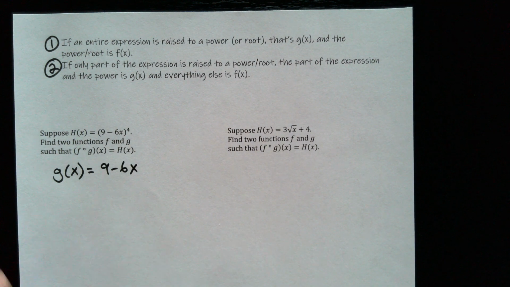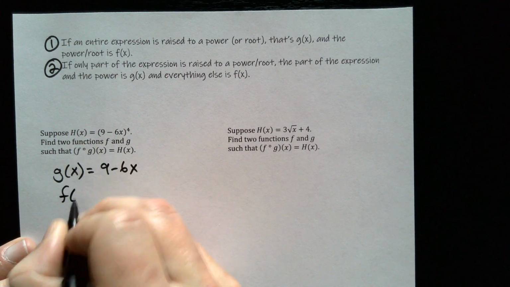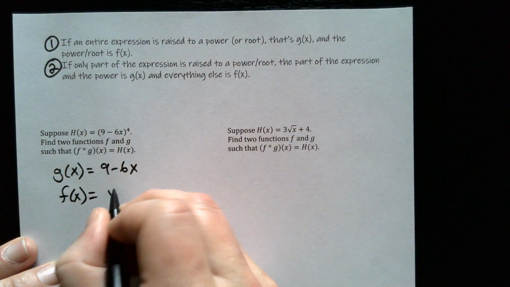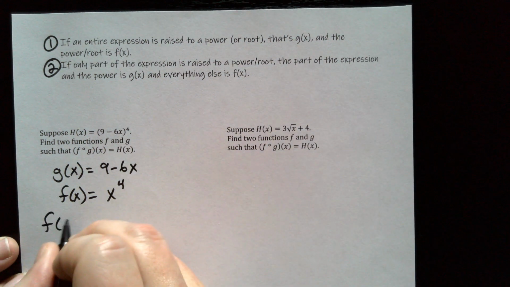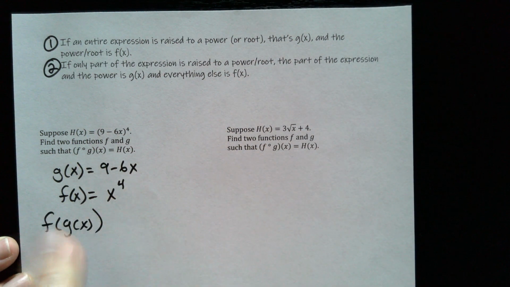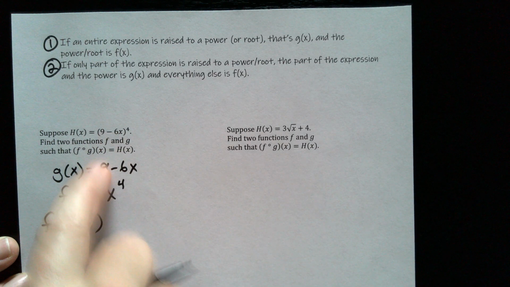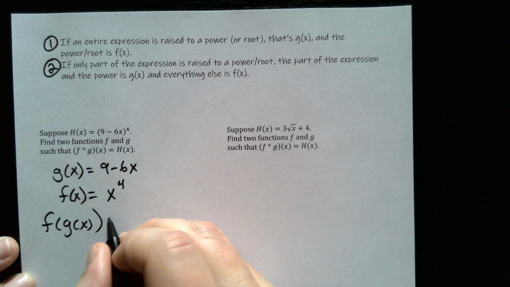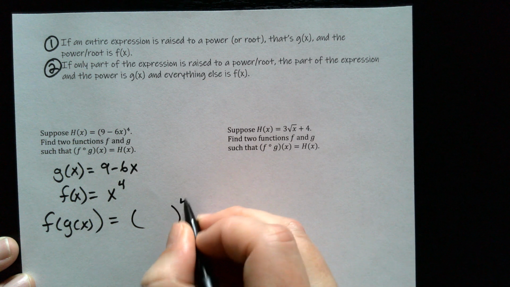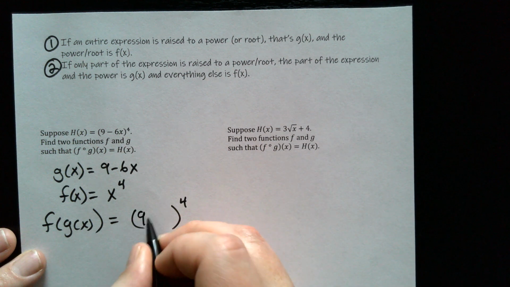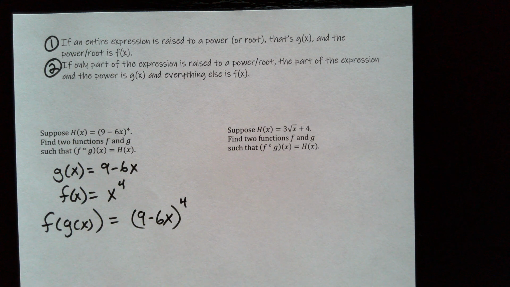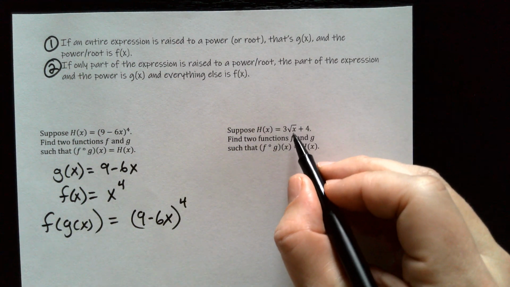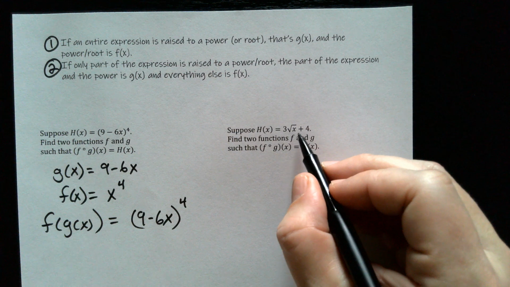Okay, and then f of x will just be x to the fourth. Okay, and that means that if we do f of g of x, meaning we put g of x inside the f function, we put all this stuff in place of the x. So instead of x to the fourth, I get (9 minus 6x) to the fourth, and that is just like the original.